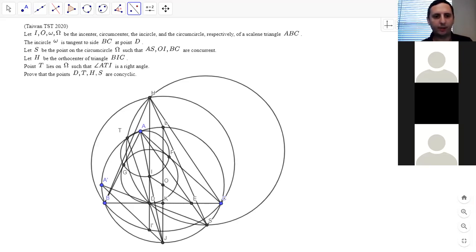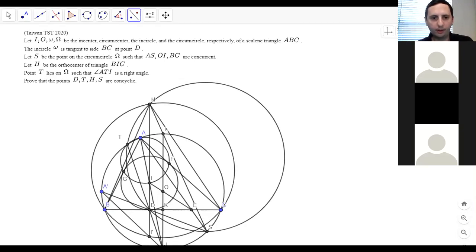I think I've proven that because HIA, I'm going to write in the chat, but HIA equals LJA is equal to LSA is equal to HSA. So wait. Oh, whoops, I sent it directly to Animal. Well, hold on. So yeah, it's an angle chase to show that HAIS is cyclic.